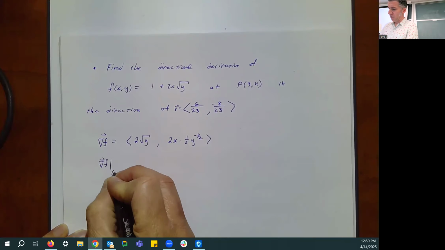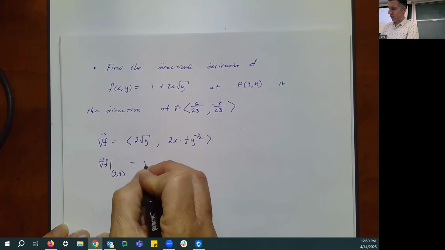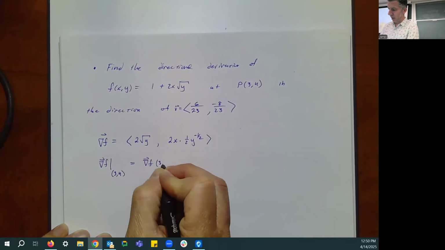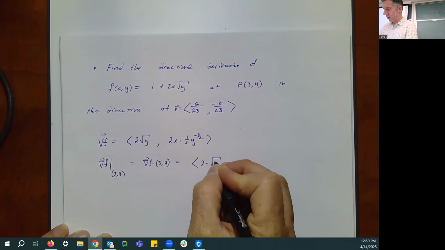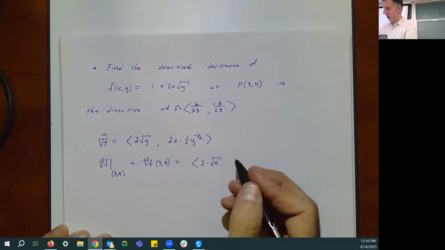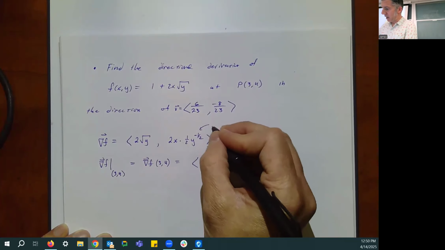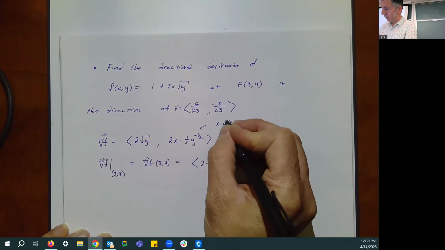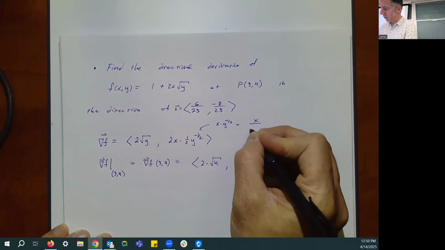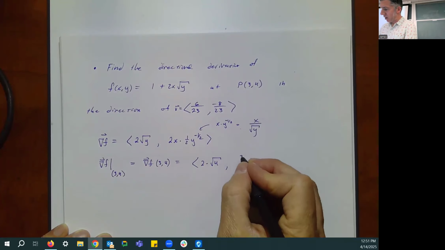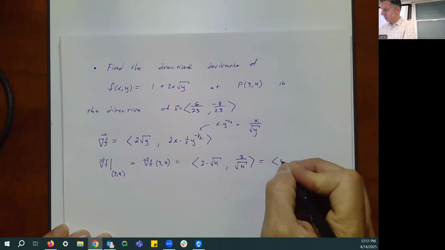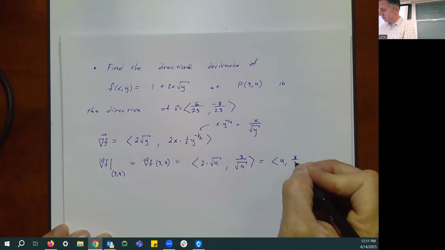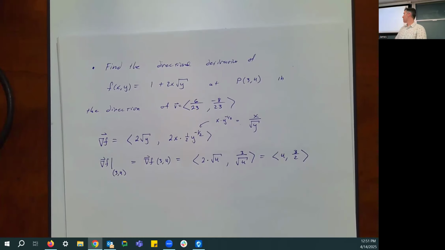You can use either the vertical line notation or the parentheses notation. It's going to be 2 times the square root of 4. I'm going to cancel the 2 and the 1/2, and get x times y to the negative 1/2, or x over the square root of y. So I'm going to get 3 over the square root of 4, which ends up being <4, 3/2>. So there's my gradient vector.